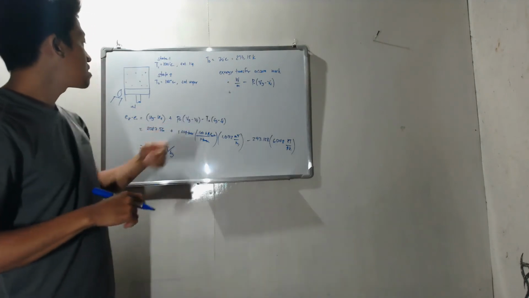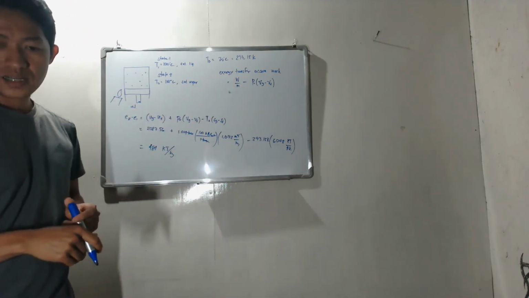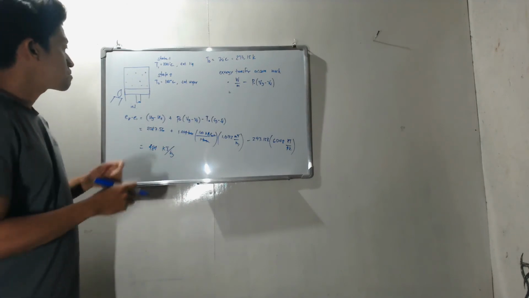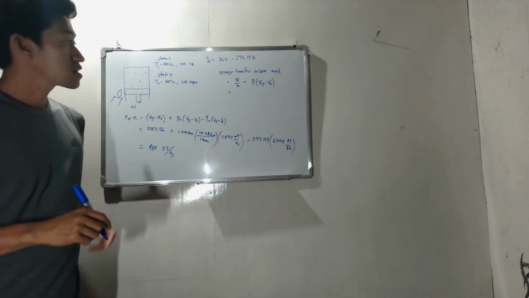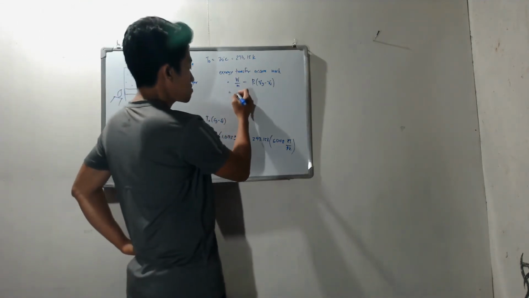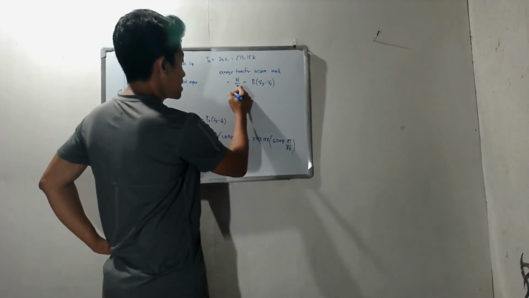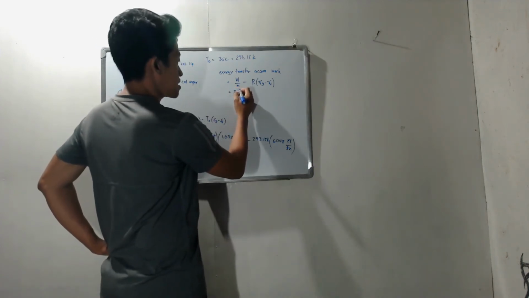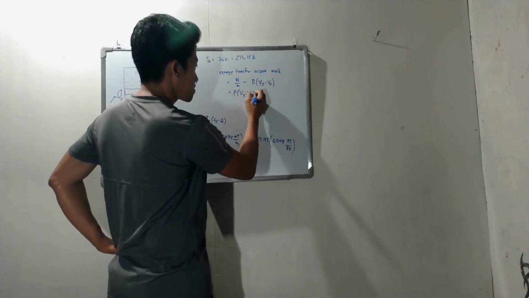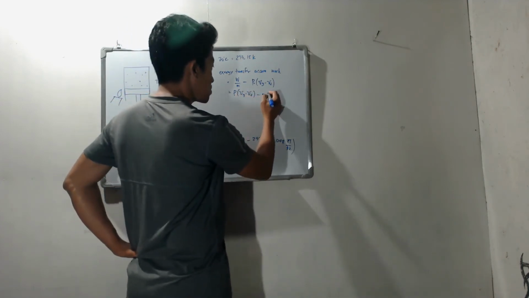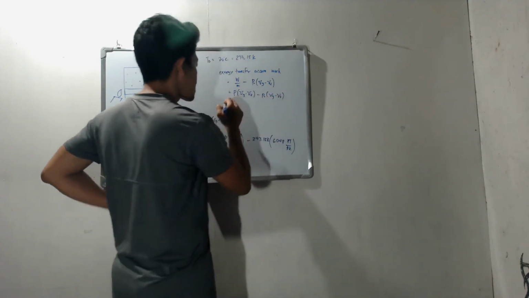Now this work is the work done by the system, right? When it expands, it creates work. At constant pressure, so it is just (P minus P0)(Vg minus Vf).